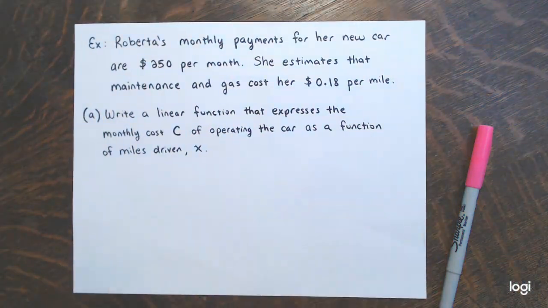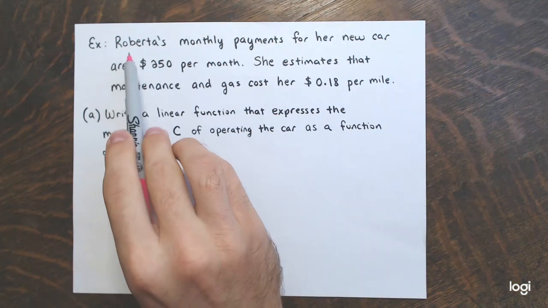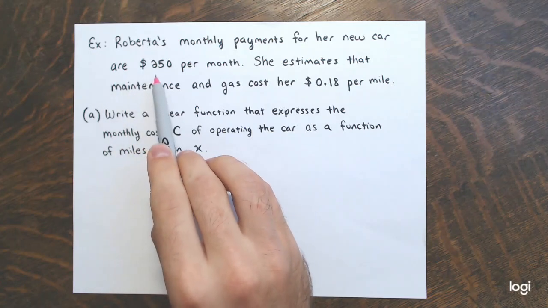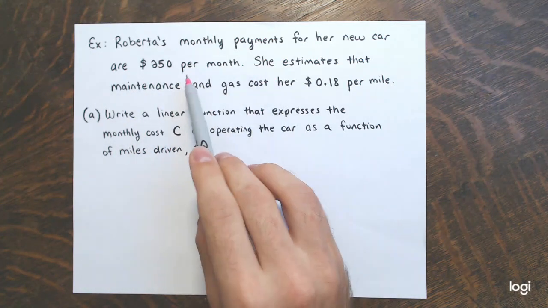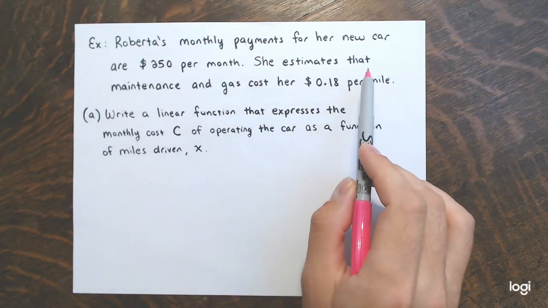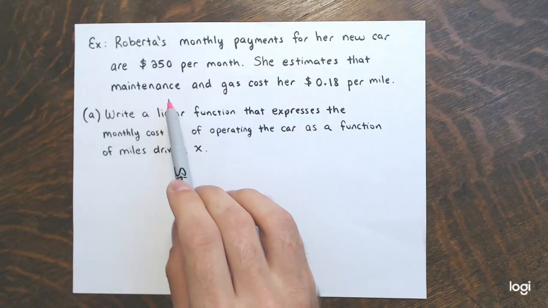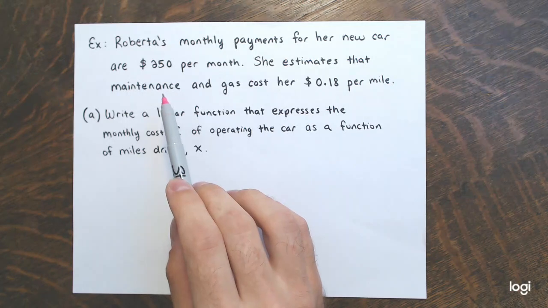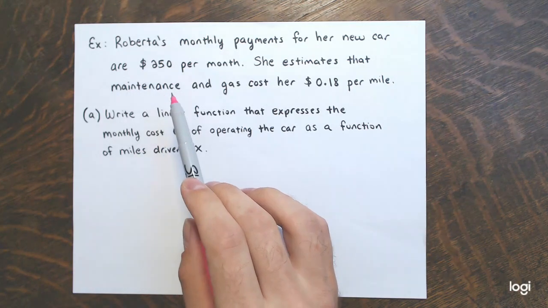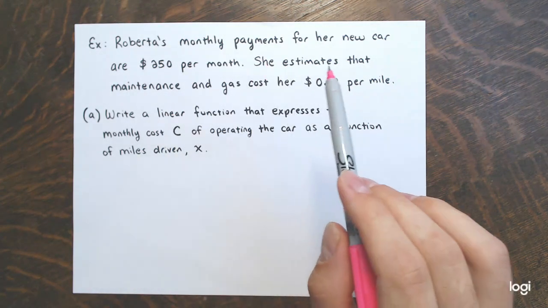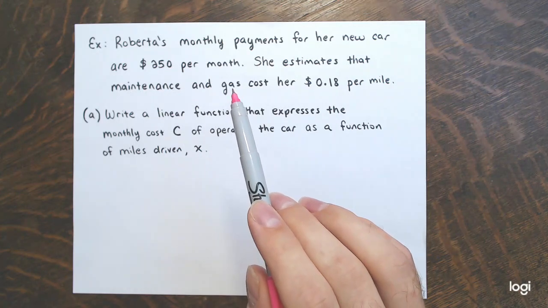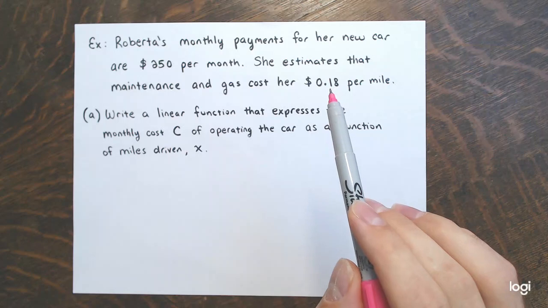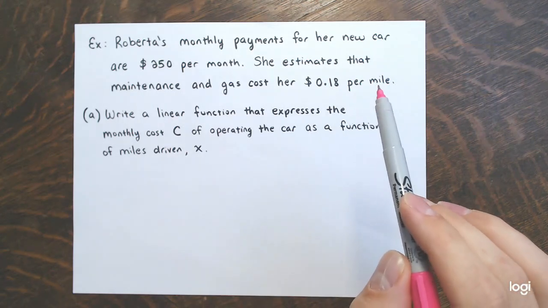Roberta's monthly payments for her new car are $250 a month. She estimates that maintenance, right, so like oil changes, tire rotations, whatever, car washing, why not? She estimates that maintenance and gas cost her 18 cents, or $0.18, per mile driven, right, per mile that she drives.